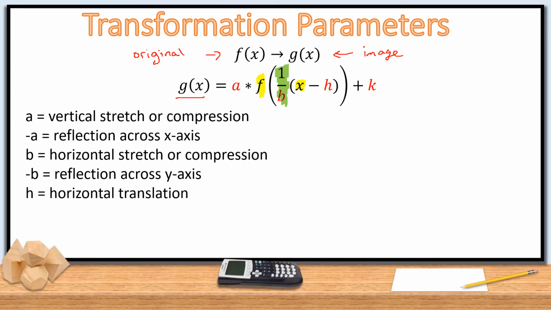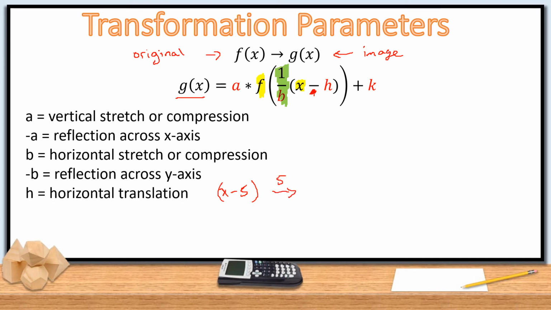The h value moves it left or right. That's your horizontal translation, and you may remember that from Algebra 1. To note, though, that negative means that the opposite of what you think would happen is going to happen. So if you have x minus 5 in there, it will actually move it 5 units to the right.